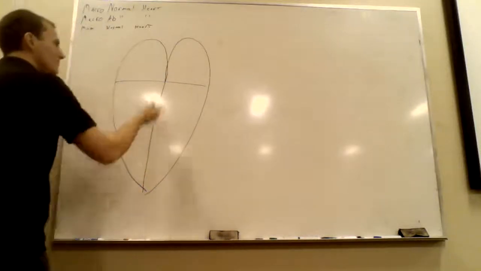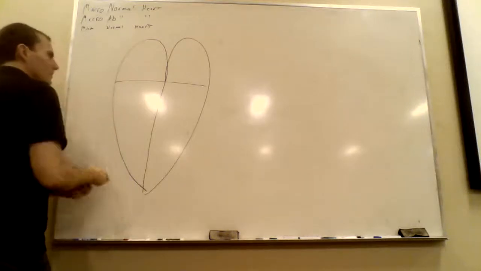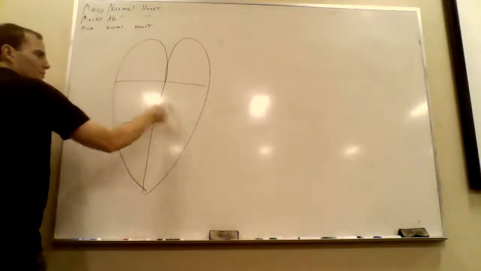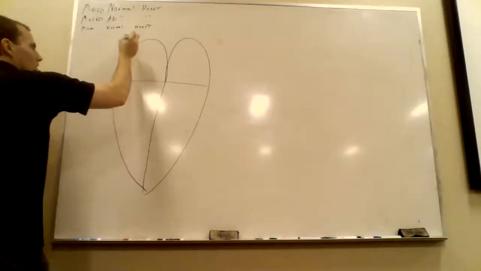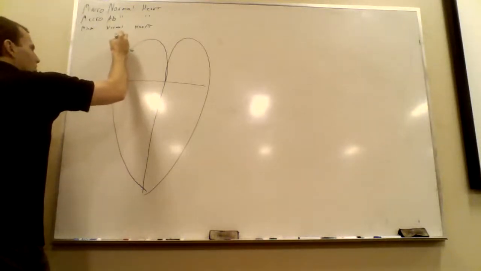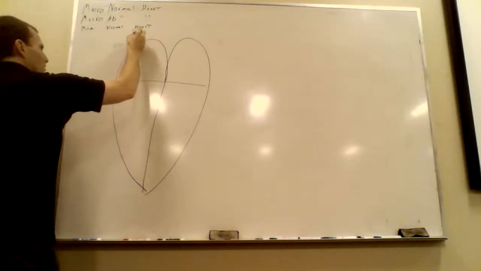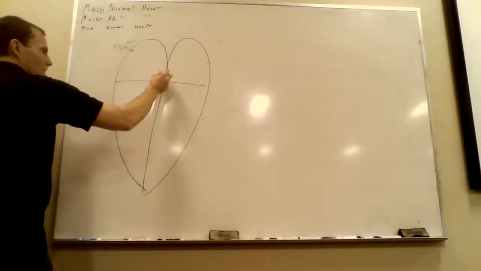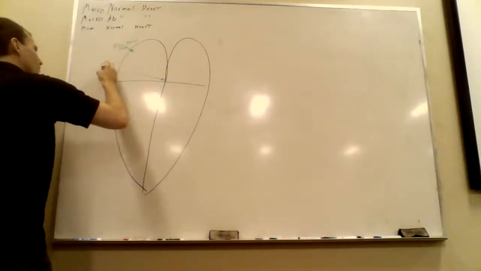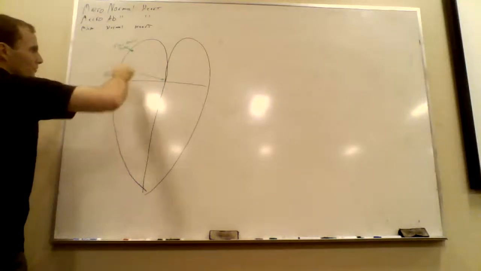So, what is going on? This is the atria, ventricles, we got a little sinoatrial node. Then, right here, we have an AV node, atrioventricular node.